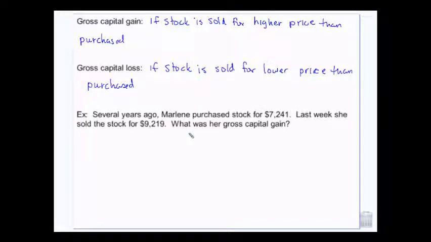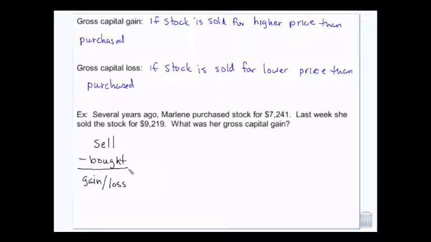Okay. So to figure that out, we say she purchased the stock for $7,241. She sells the stock for $9,219. And so you take the sell price and you subtract the bought price. And that gives you your gain or loss. If it's positive, it's a gain.